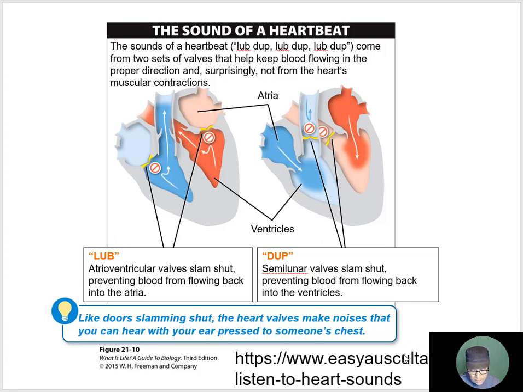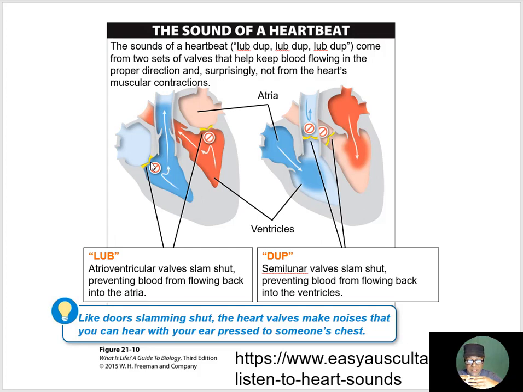But also there's a link here that you can follow where you can listen to different heart sounds. And so what we're listening for is sometimes these valves do not actually slam water tight, right? Which is what they're supposed to do when they close so that there is no flow in the backwards direction.